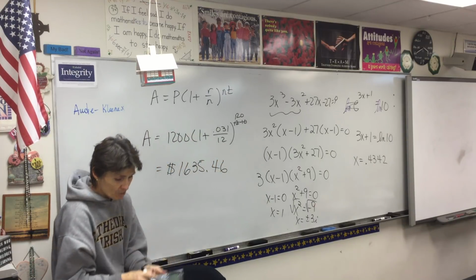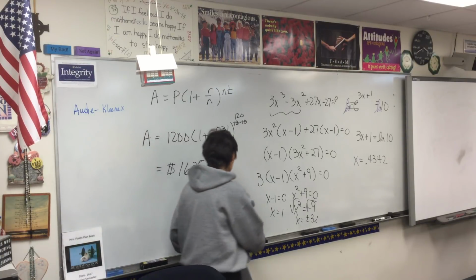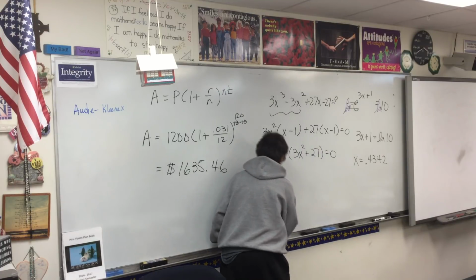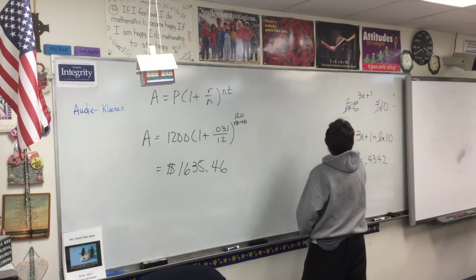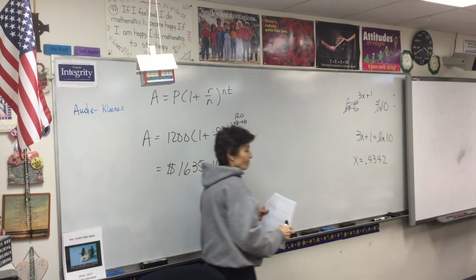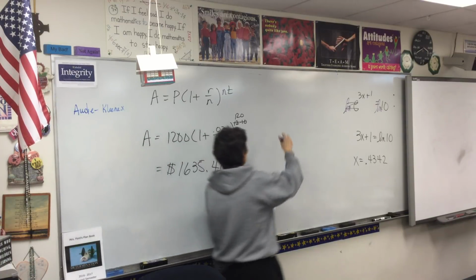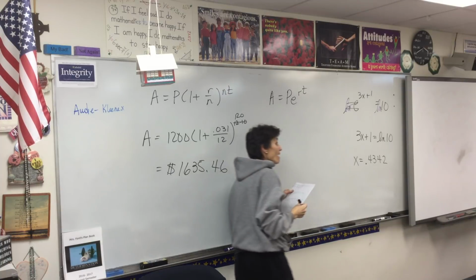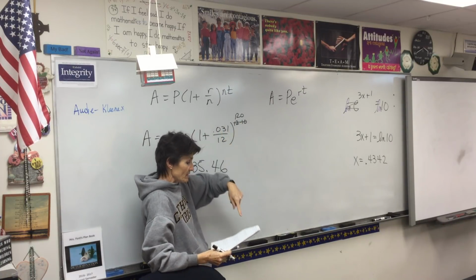That's how much money you're going to have at the end of 10 years. All right, so the other formula I'm going to give you is this one. And everybody knows that's the formula that goes with this problem, right?